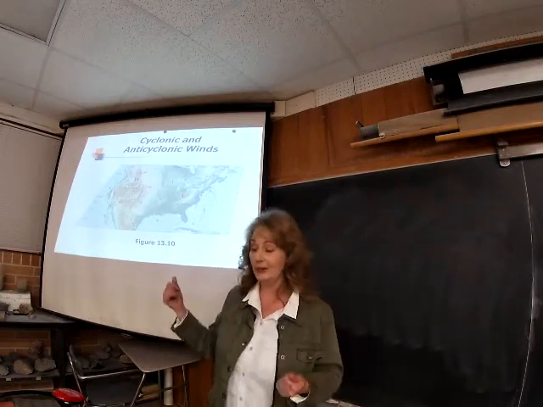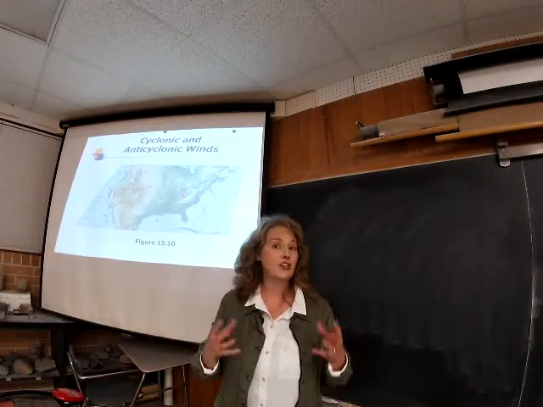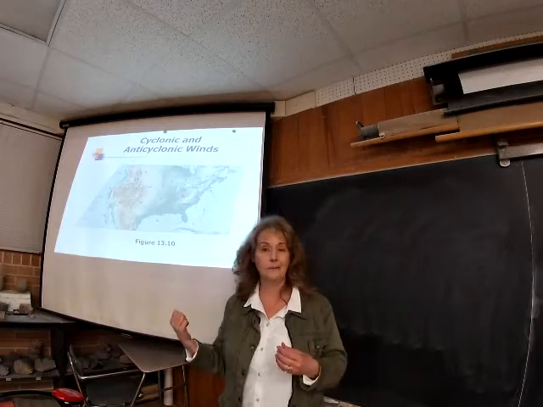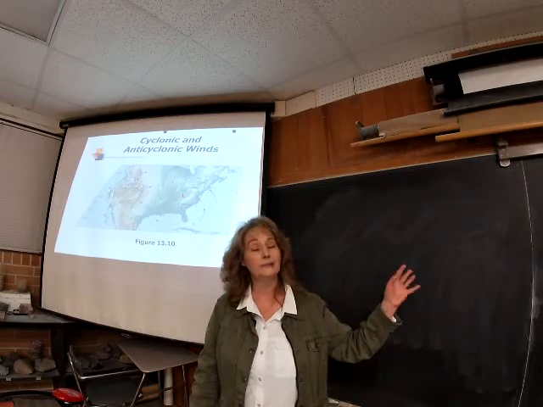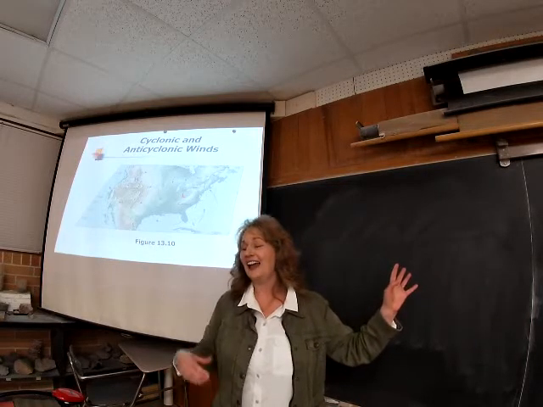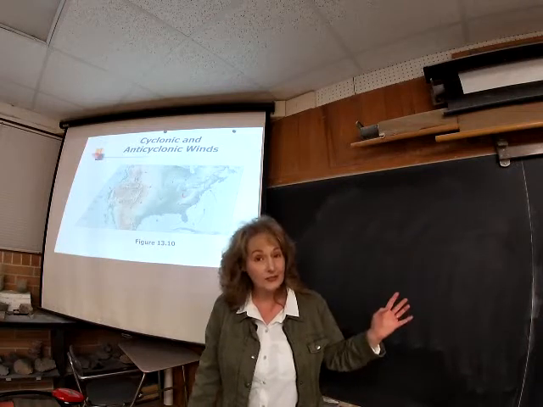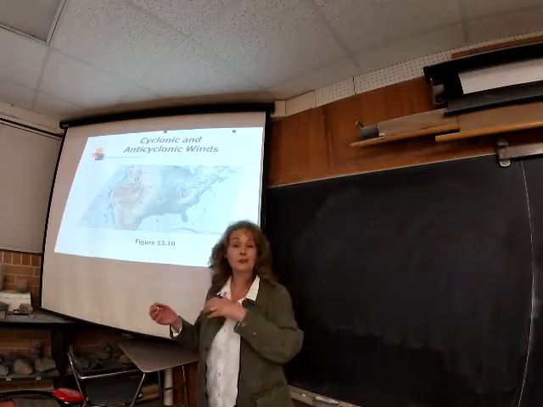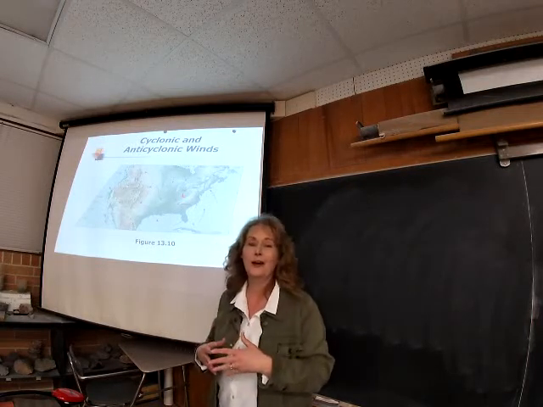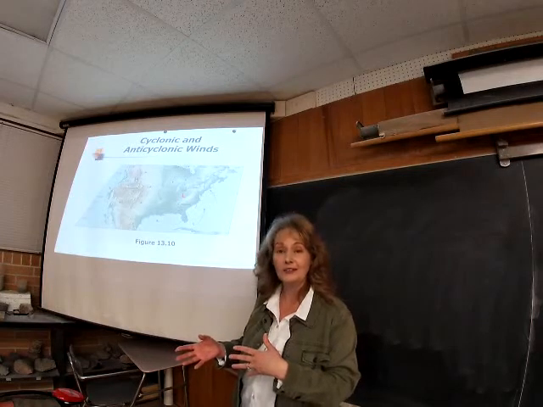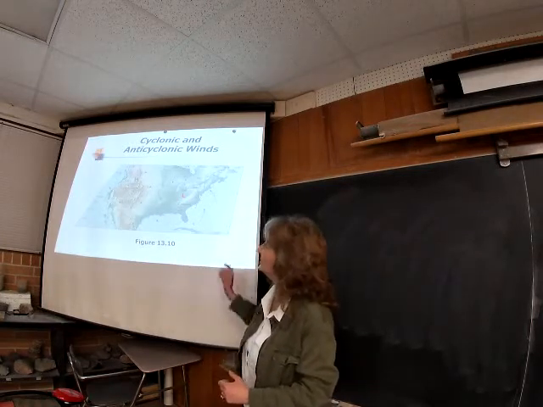And typically here in the United States, we've got a map of the United States here, the jet stream is going to steer our high pressure and low pressure systems, our anticyclones and cyclones, from the west toward the east. That's sort of the direction of the westerlies, the prevalent wind directions across the United States. It's going to cause those to trek from the west to the east across the United States.